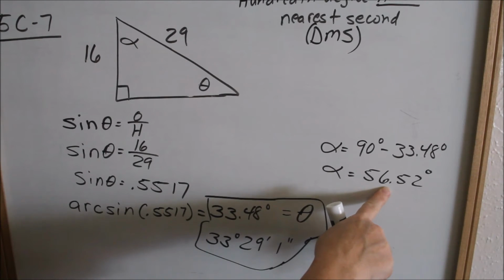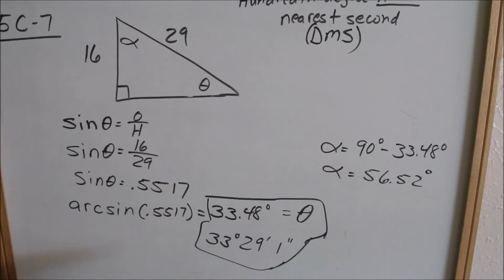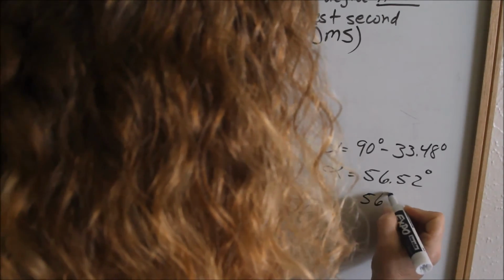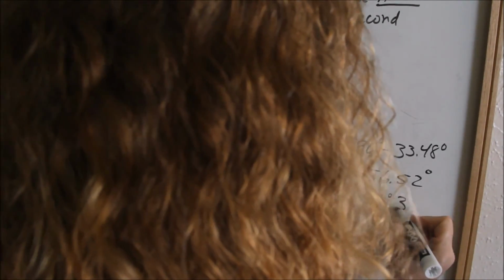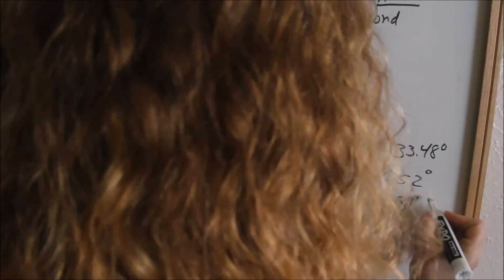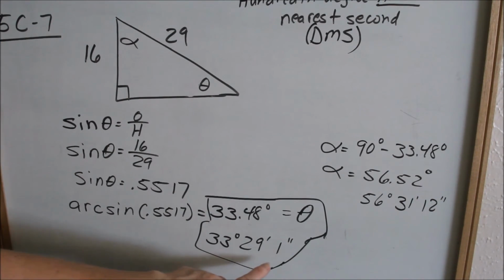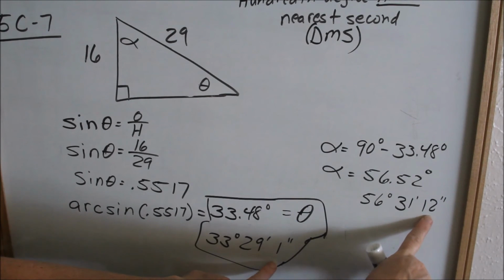Now we need to take that and convert it into degrees, minutes, seconds. When we convert that, I get 56 degrees, 31 minutes, and 12 seconds. But you need to look at these.